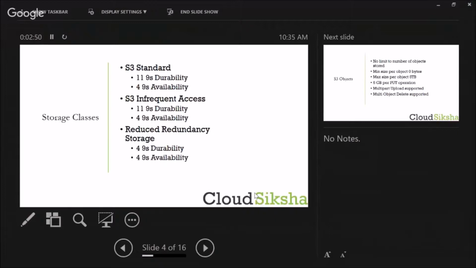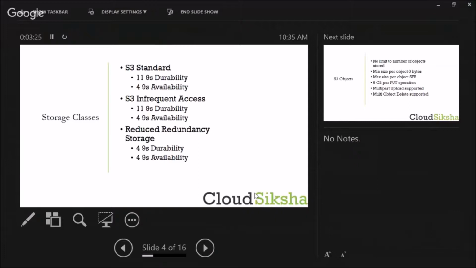If you take S3 standard class, you get about 11 nines durability, and it is designed for 4 nines availability. Actual SLA they sign up will be 3 nines. And an infrequent access class, 11 nines durability exists, and this is 3 nines availability. I made a mistake in the slide here. It's 3 nines availability, and they will sign an SLA for 2 nines. The reduced redundancy storage has 4 nines durability and 4 nines availability.